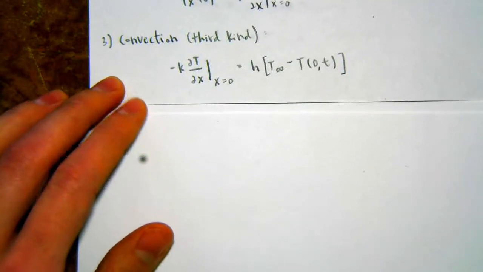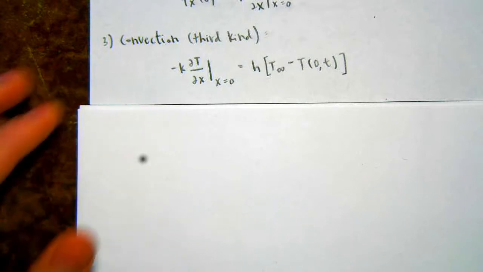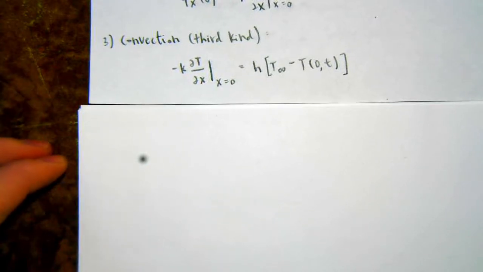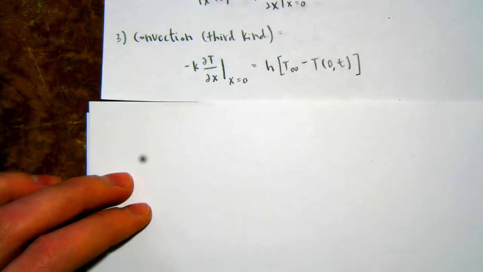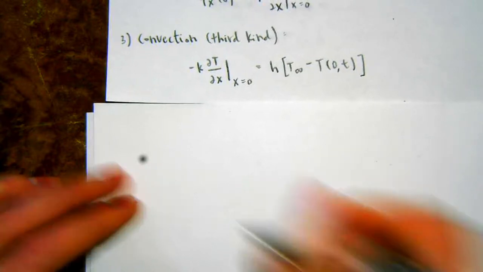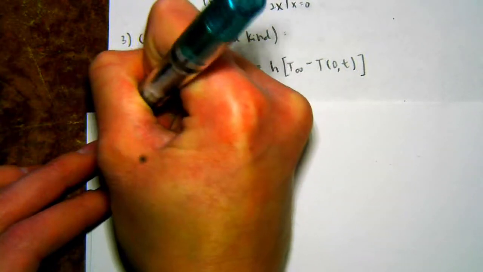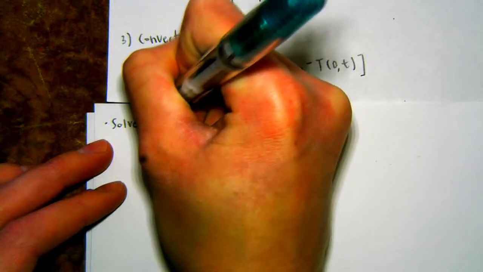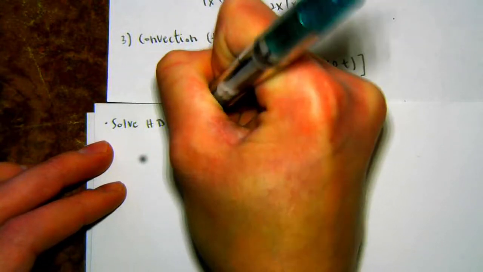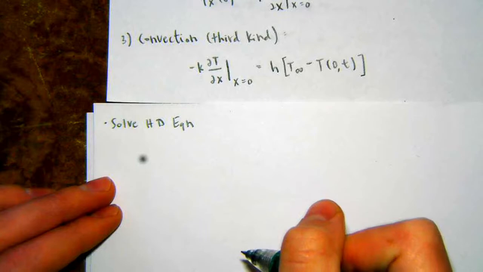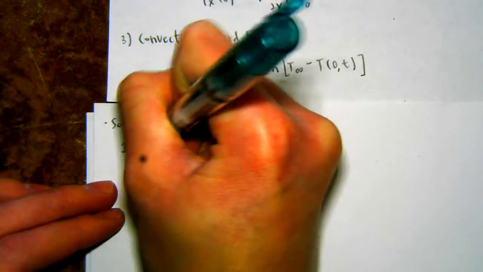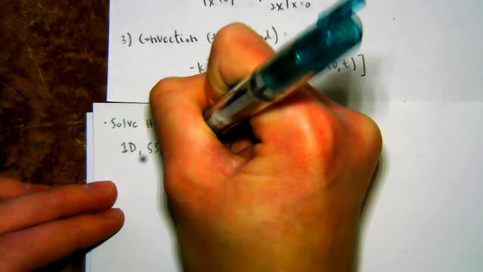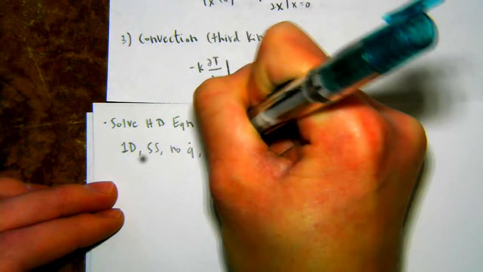All right, now that we have some boundary conditions that we can use, let's try to solve a very simple case of the heat diffusion equation. We'll start with our really, really simple form: one-dimensional, steady state, no energy generation, and isotropic.